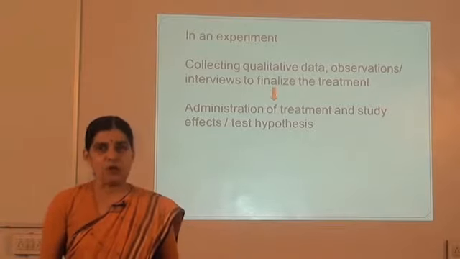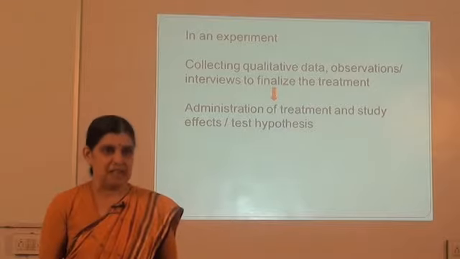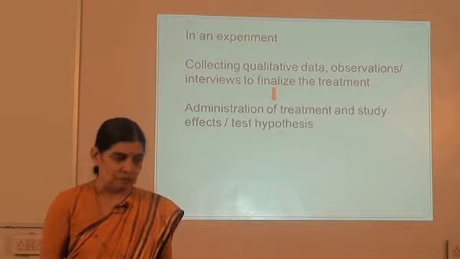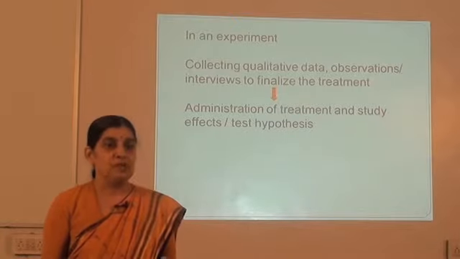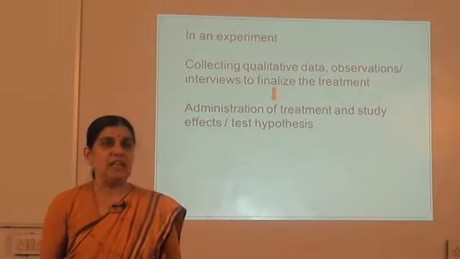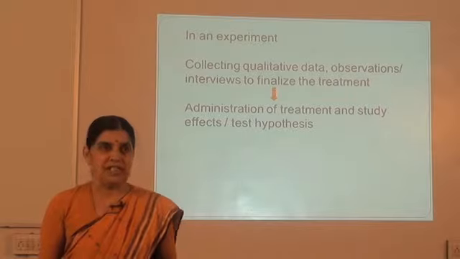What are the aspects of emotional intelligence? What type of lacuna are there in emotional intelligence, etc. So she will collect qualitative data. She will observe certain persons who are emotionally intelligent and who are less emotionally intelligent.